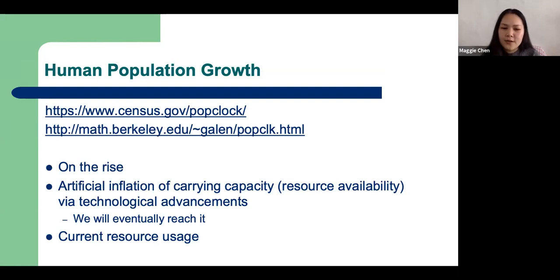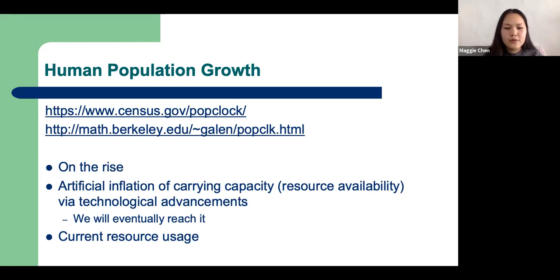So our carrying capacity, even though we've made it a lot larger, because we've grown our carrying capacity where we can support more humans, because we've created more resources through advancing our technology, eventually we are going to reach our new carrying capacity, and that's going to affect us in different ways.